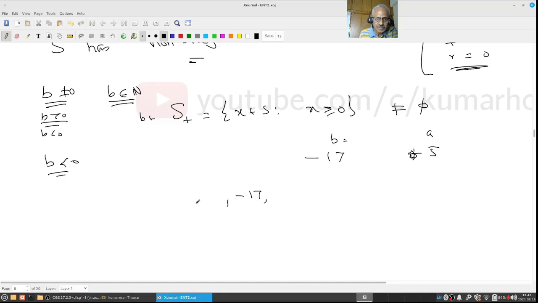That is, this is minus 17 plus 5, okay, that is minus 12, therefore minus 12 plus 5, that is minus 7, and minus 7 plus 5, that is going to be minus 2, and minus 2 plus 5 will be 3.